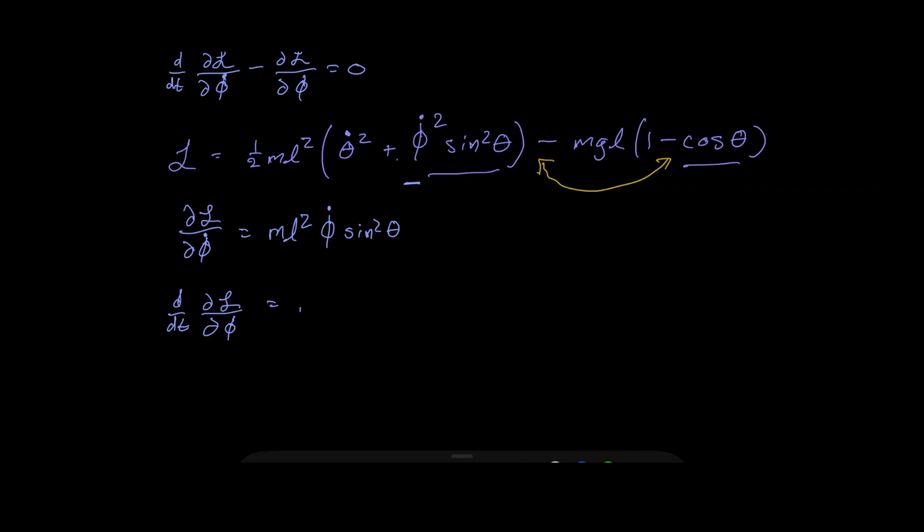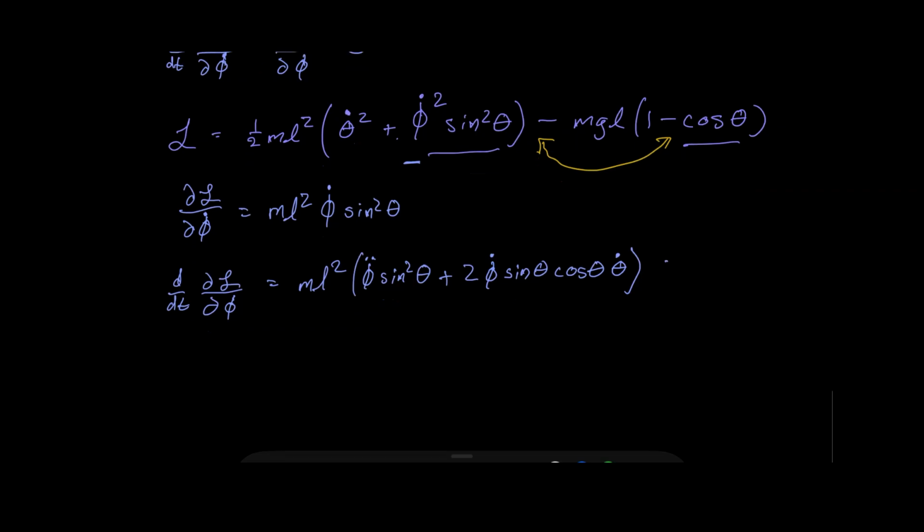All right, so that means we have this ml squared up front, and we have phi double dot attached to a sine squared theta plus two times phi dot normal, and then sine theta, and then chain rule again, cosine theta, with a theta dot at the end of it for chain rule.